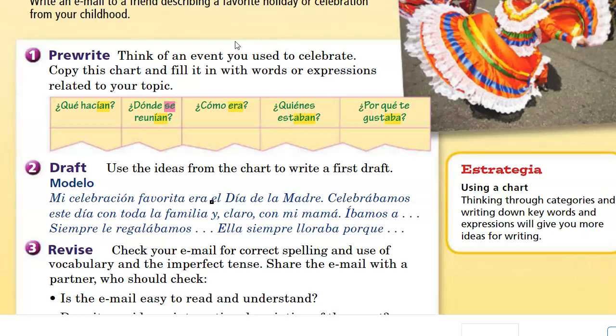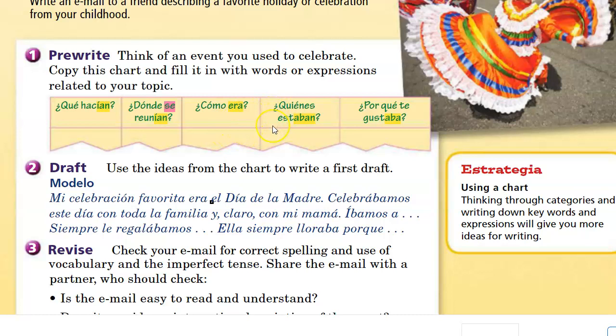Muy gracioso, a lot of fun, or really funny. Rápido, went by fast. Era rápido, era especial. Era único. Único means unique or special, especial. So we're looking for an adjective to describe what the celebration was like.